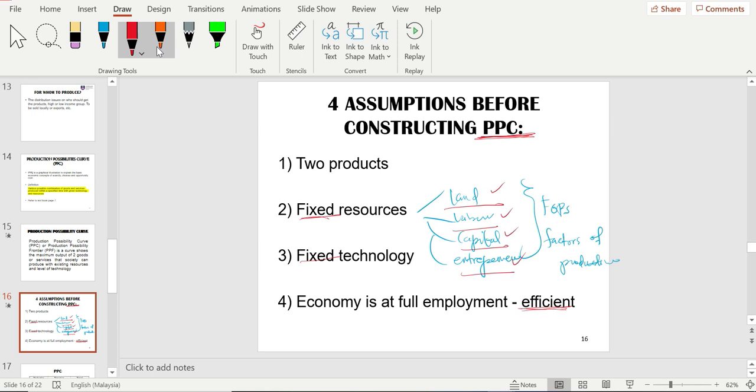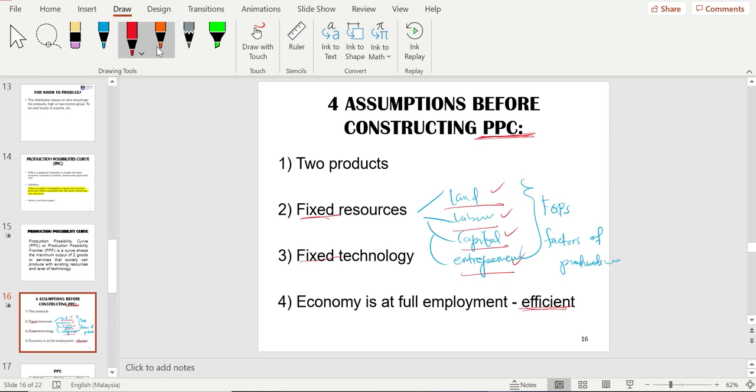Okay, so some country they are not efficient. For example, in real life, they have lots of the resources. Take for example Indonesia lah. The country is very big. They have vast number of land. In terms of the natural resources, dia ada sangat banyak. In terms of labor, their population is a lot. In terms of capital, entrepreneur, they also have a lot. But what happened to them?